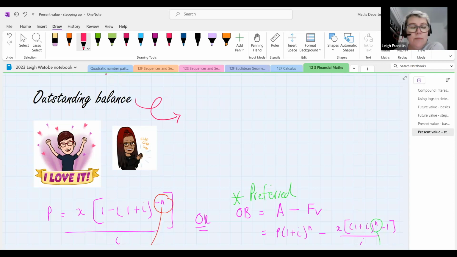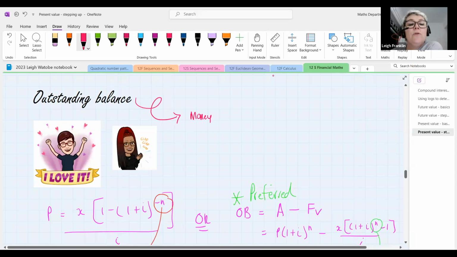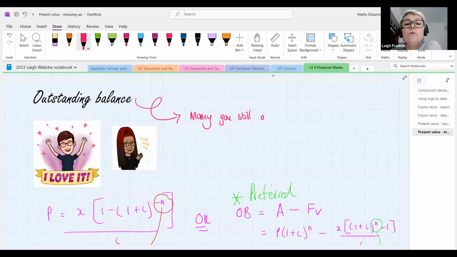Can anyone tell me? There we go, Lihlu, a lovely, beautiful explanation: the money you still owe. So it's the money you still owe on a loan. That's the outstanding balance.